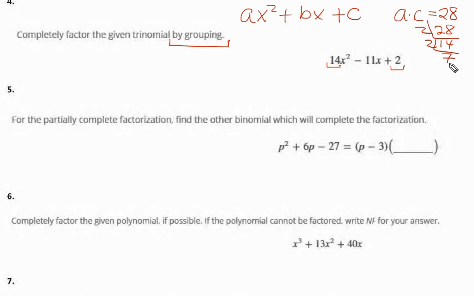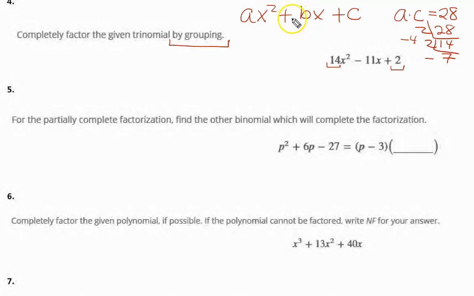Now we're looking for a combination of factors that will give me a difference of negative 11. Well, if this 4, 2 times 2 is 4, was a negative 4, and this was a negative 7, that would add up to 11.